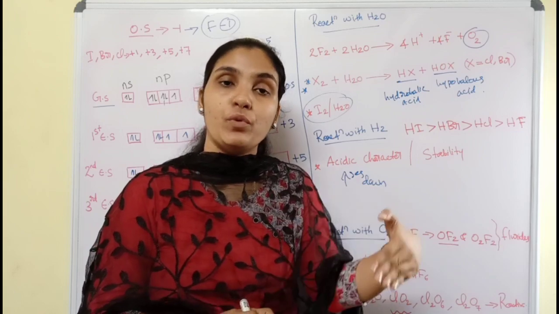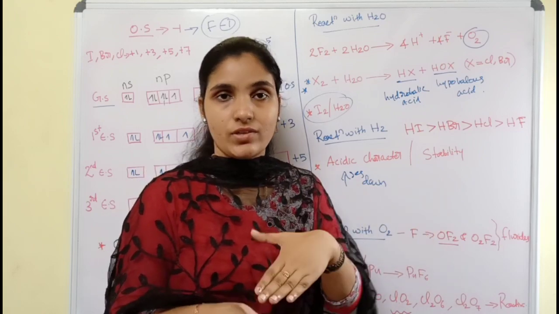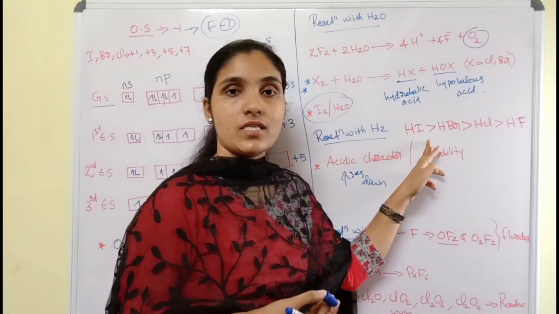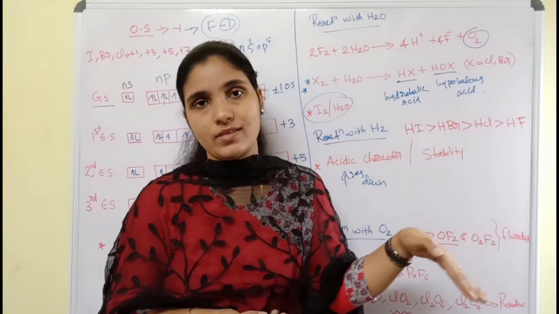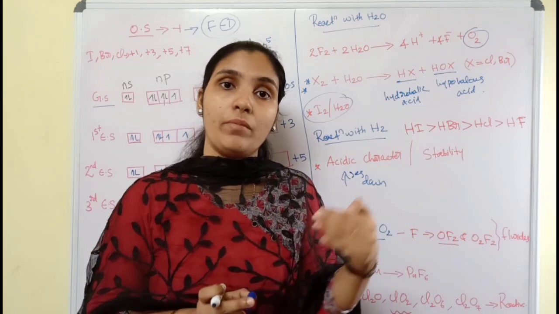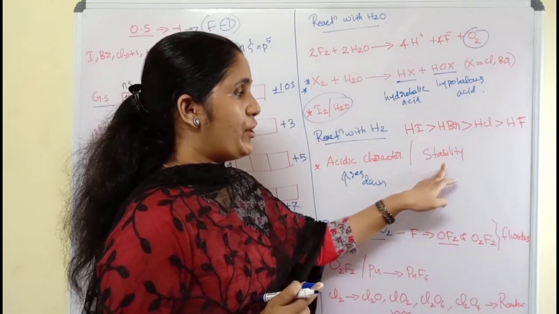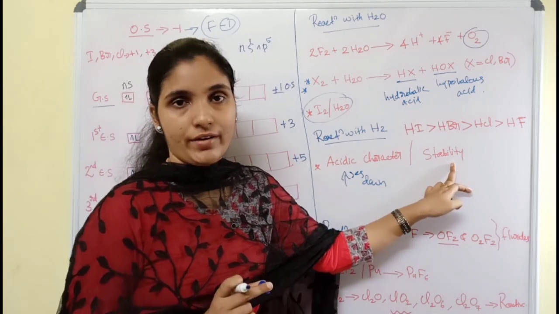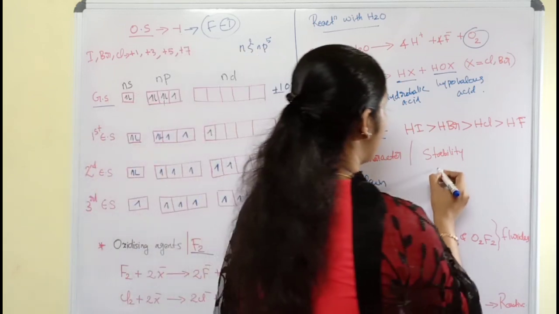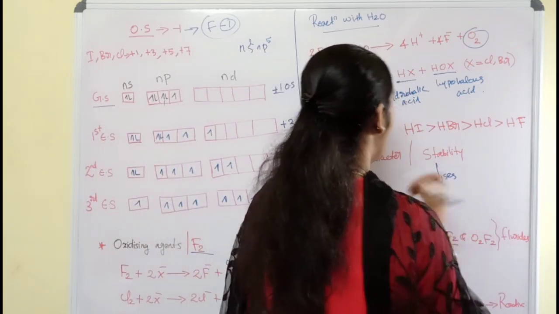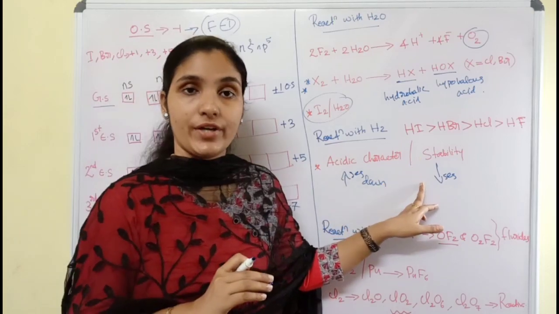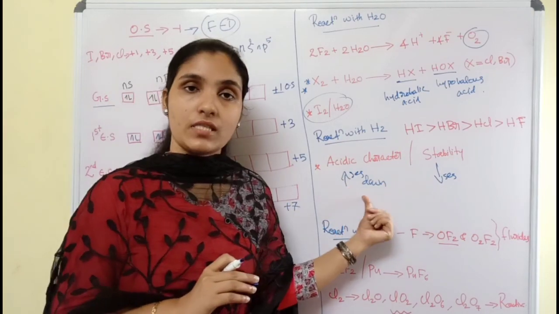Hydrofluoric acid is less acidic, but HI is strongly acidic. What is the reason? It can be connected with the stability. The thermal stability of hydrides decreases down the group. Thermal stability decreases, but acidic character increases.